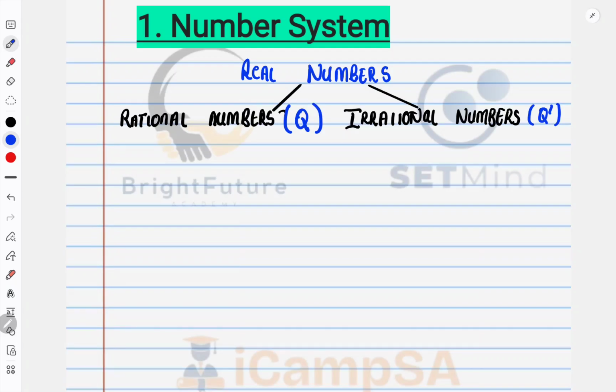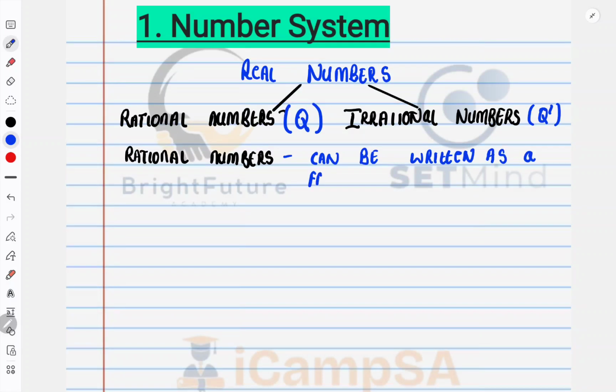The difference between the two is that rational numbers can be written as a fraction.